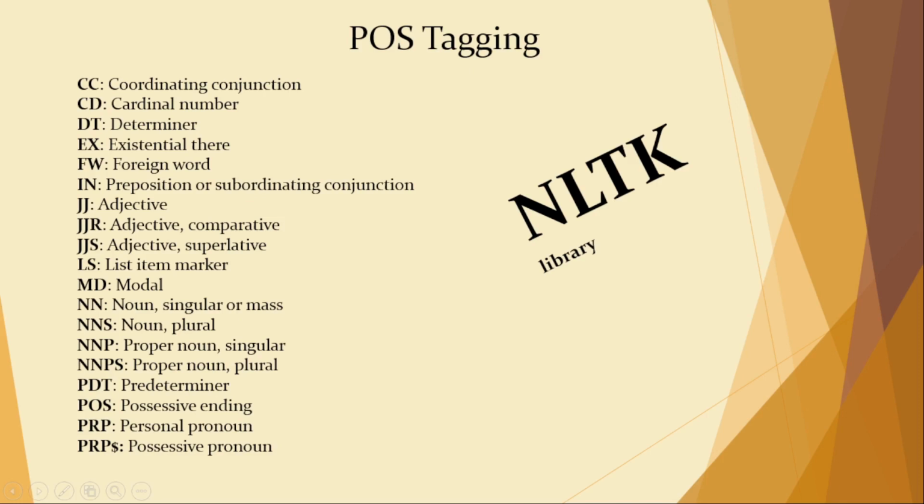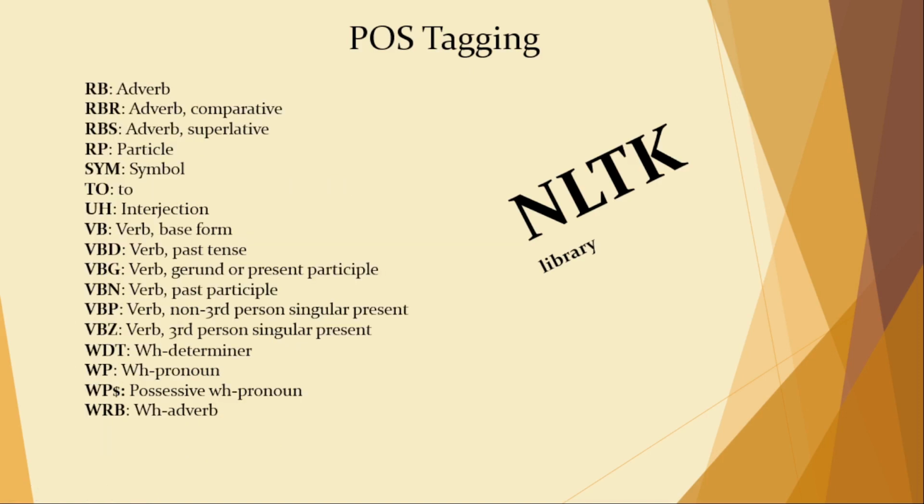So you can read out all these POS tags and understand a particular POS tag. And here are some more for adverbs, particle, interjections, and verbs for past tense, base form, participle.